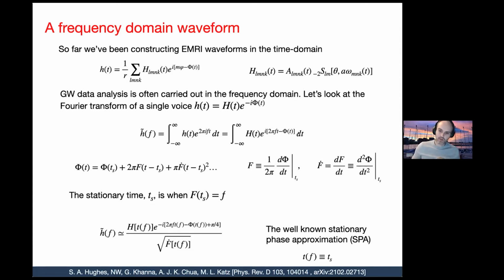For almost all of the terms here there'll be no contribution, because of the rapidly oscillating phase, except when these two terms are roughly equal. We can make use of that as long as this amplitude is slowly evolving, which it is for EMRIs because of the small mass ratio, to perform what's called the stationary phase approximation. So we can expand this phase out as a Taylor series around what's called the stationary time in this way.